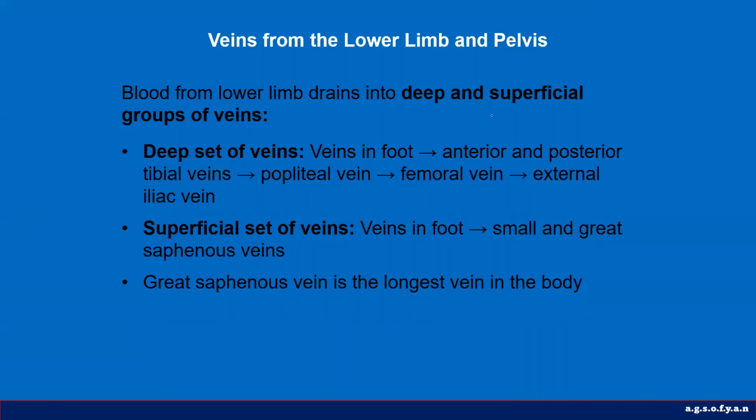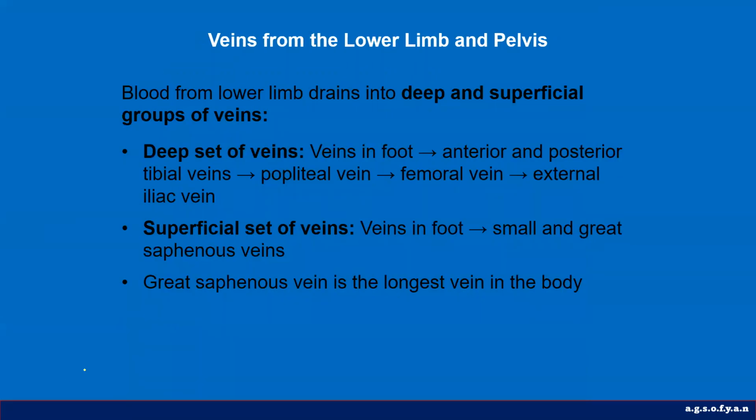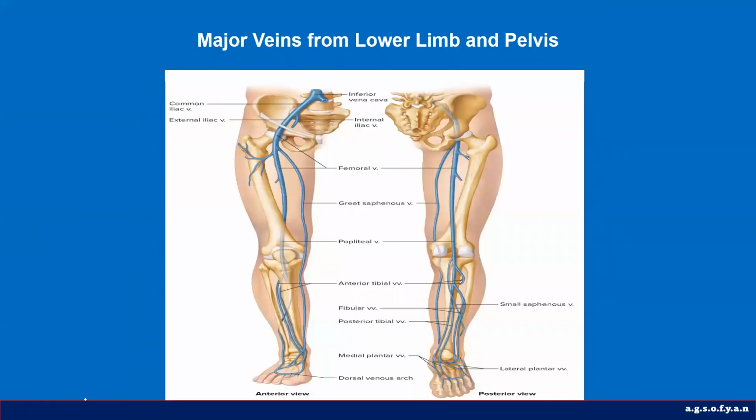From the lower limbs, the veins, all of them, will be entering into the inferior vena cava from this set of veins, from the foot, the external and superior set of veins. If we see the pictures, it's going to be coming from the foot, going up, and then finally will combine into the inferior vena cava.